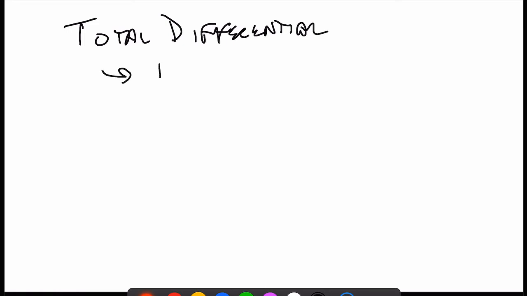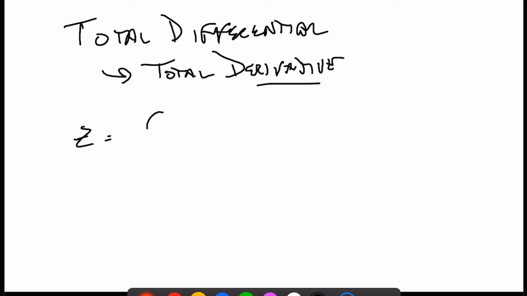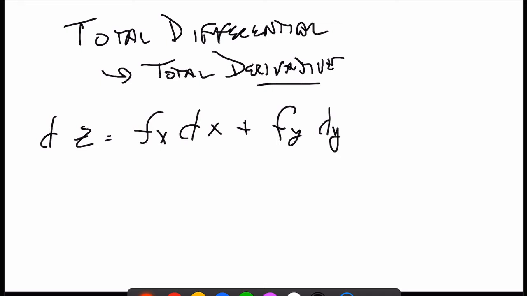Okay? So to solve that, I'm going to go from something called a total differential, and I'm going to turn that into something called a total derivative. So you start out and you say dz equals fx dx plus fy dy, right?